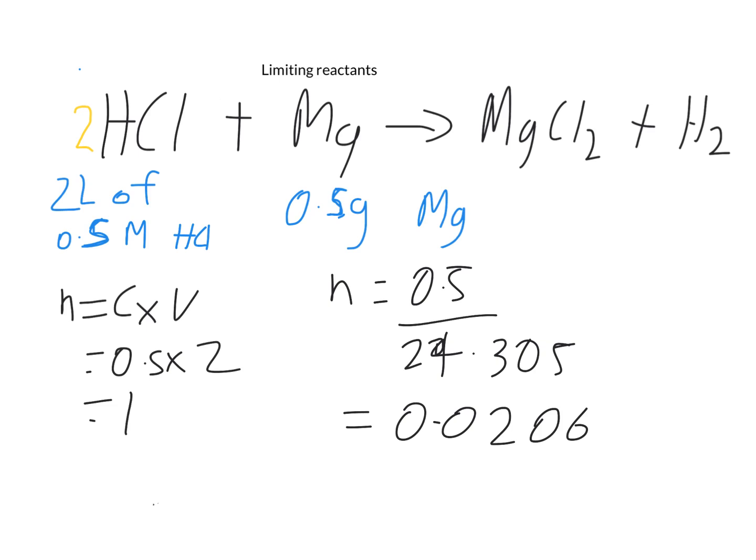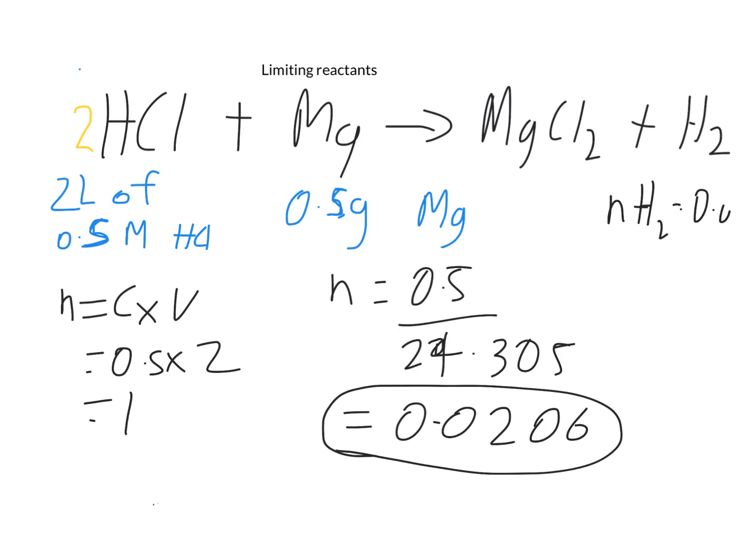So in this way, if you've been given volume or mass or something else, regardless of what it is, you need to convert to number of moles and then work out which one your limiting reagent is. Go through the same process for working out the limiting reagent. In this case, you can probably even just spot the limiting reagent is magnesium. And so we're going to use the number of moles of magnesium to work out number of moles of H2, and in this case, number of moles of H2 is once again 0.0206, the same as the number of moles of magnesium.